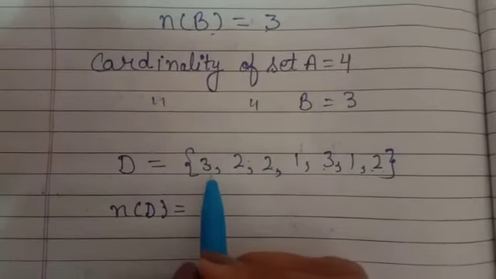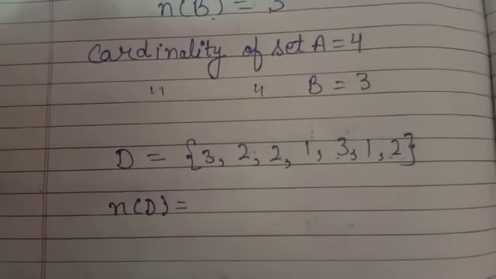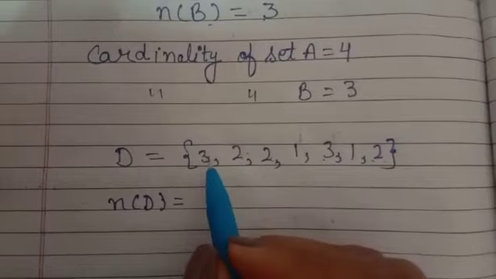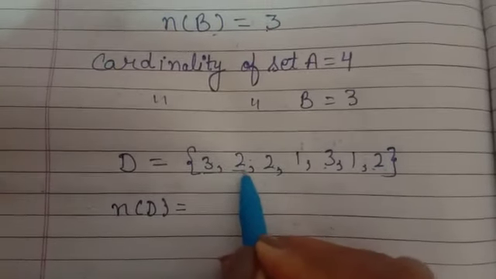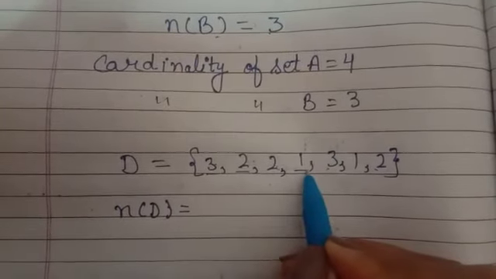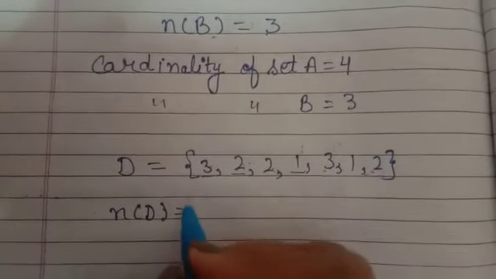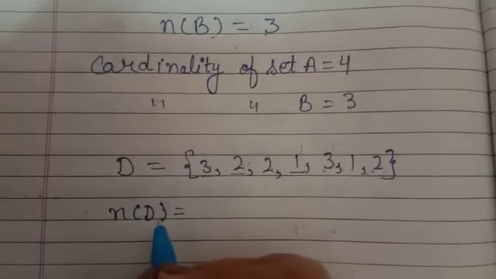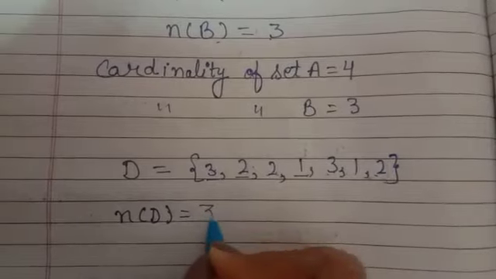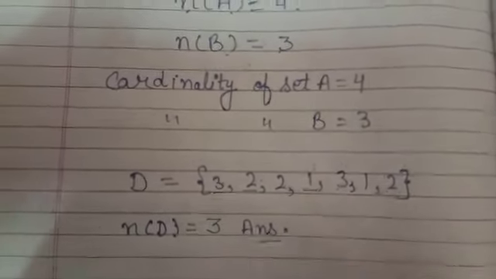So we will count these numbers only one time. 3 will be counted one time: 1, 2, 3. The next numbers are repeated numbers. So the cardinal number of set D is 3. That is the required answer.